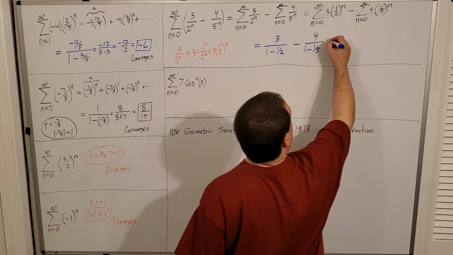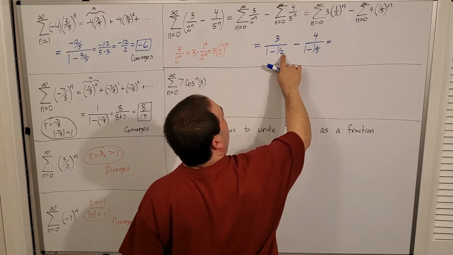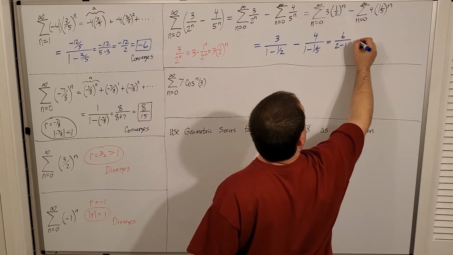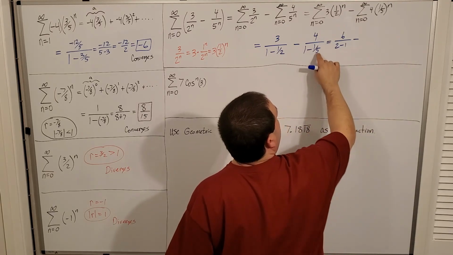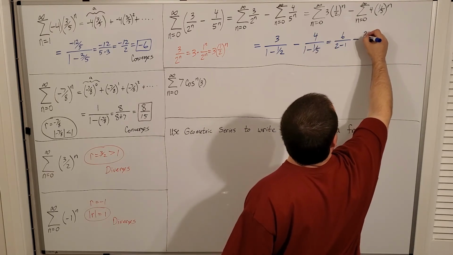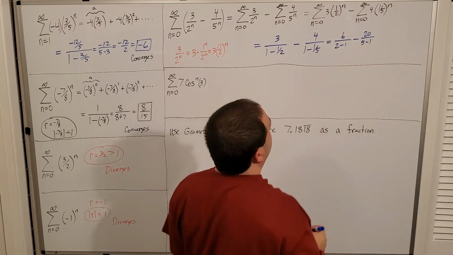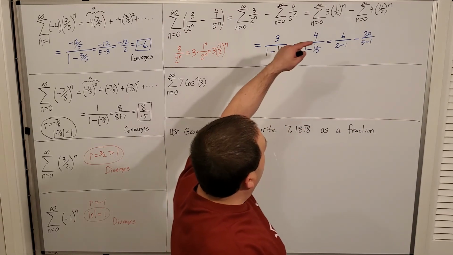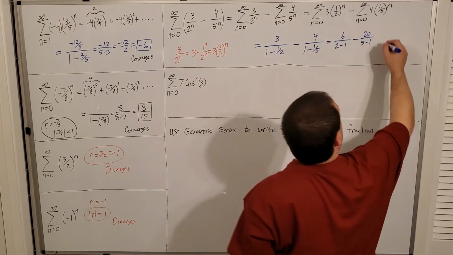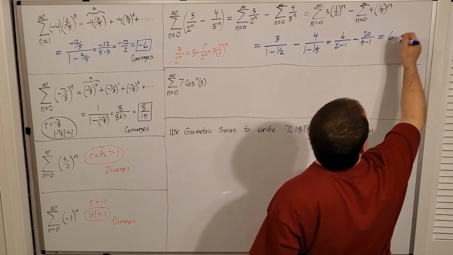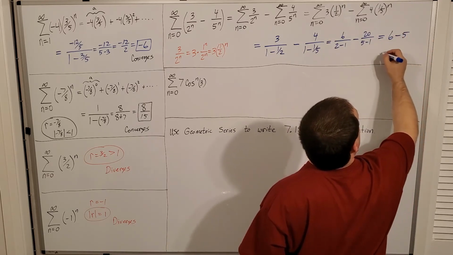I can then reduce this: if I multiply by 2, I'll have 6 over 2 minus 1, minus, if I multiply by 5 here, I'll have 20 over 5 minus 1. So this is 6 over 1, which is 6. And this is 20 over 4, which is 5.